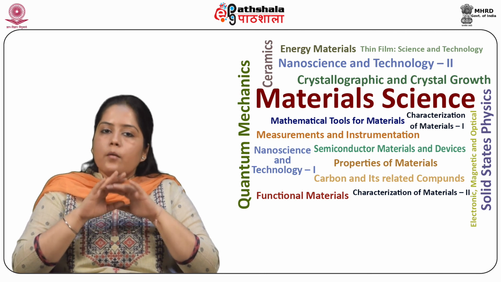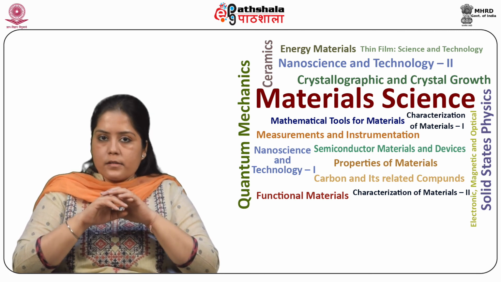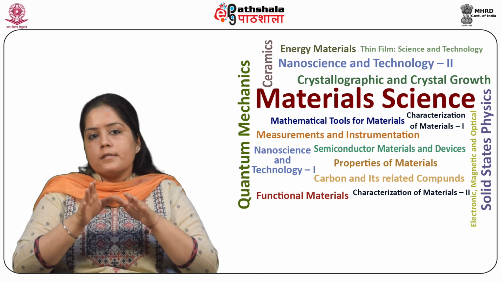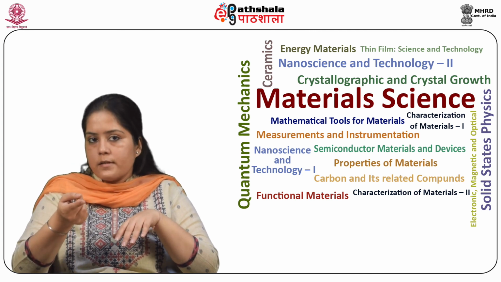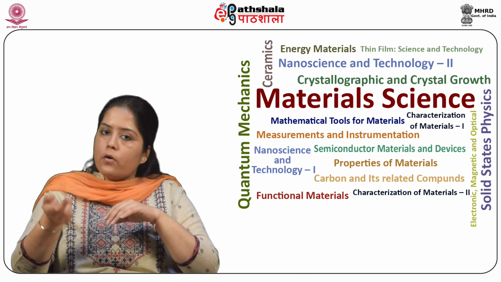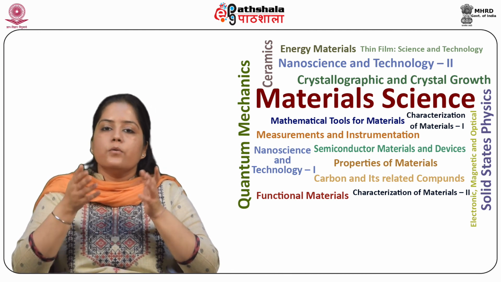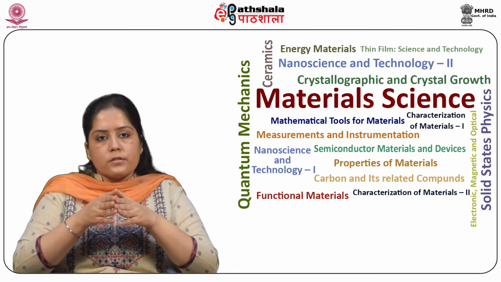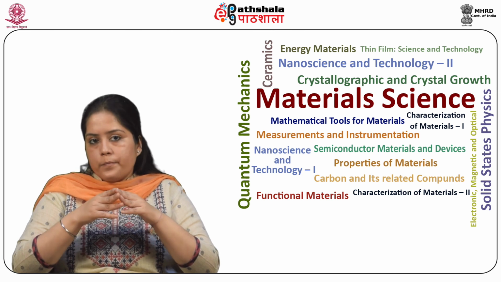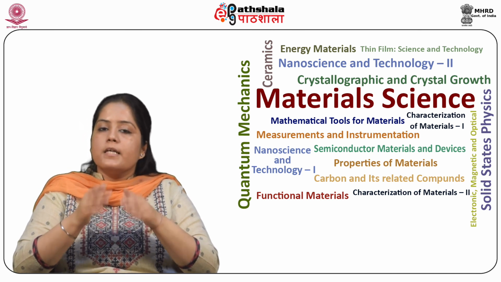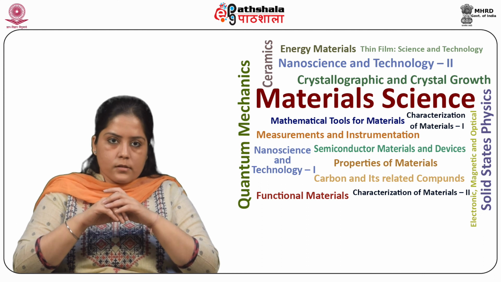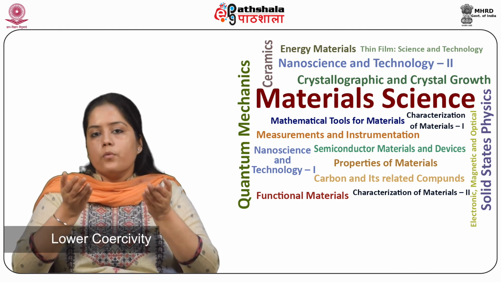Second, amongst the soft magnets, common materials are electrical steels and iron-nickel alloys, which are typically used for applications as cores, to minimize the eddy current losses due to lower coercivity.